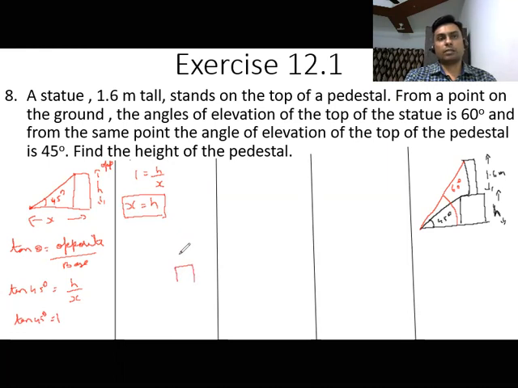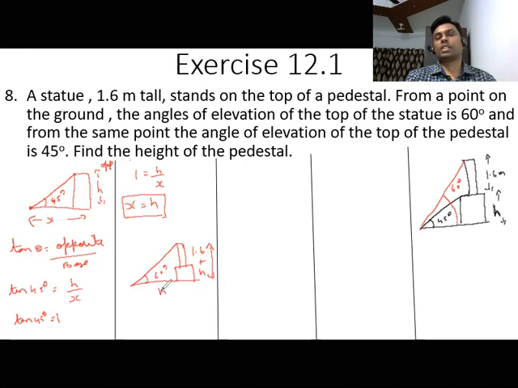For the second angle, what do I have? I have the pedestal and I have the statue. Height of statue is 1.6. Height of pedestal is h. So total height will be 1.6 plus h. This angle is given to me, 60 degrees. And this distance is h. Just now we found x is h. So base is h.